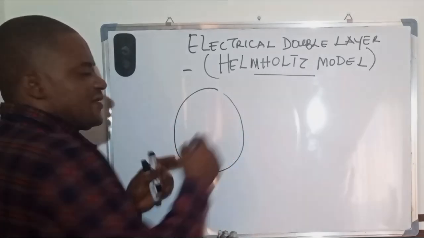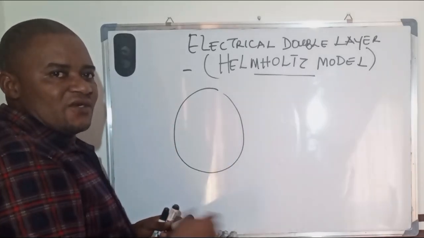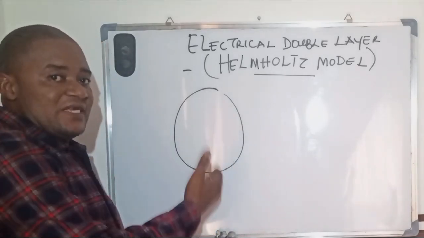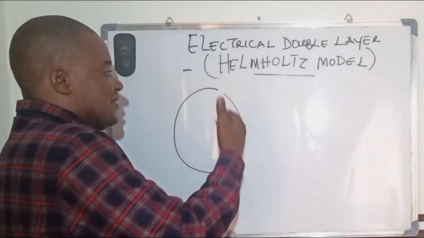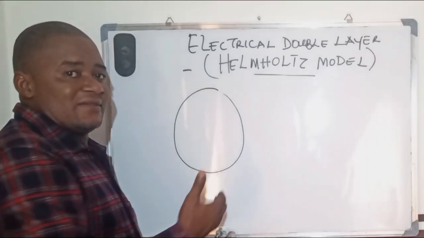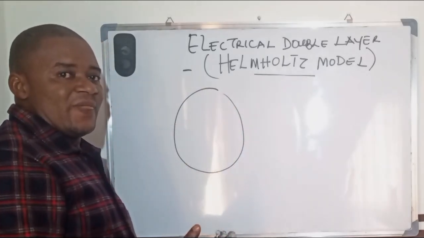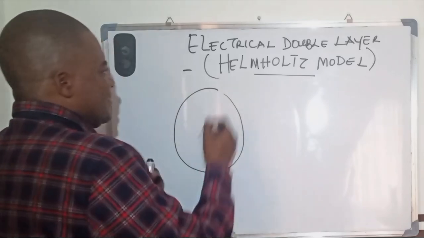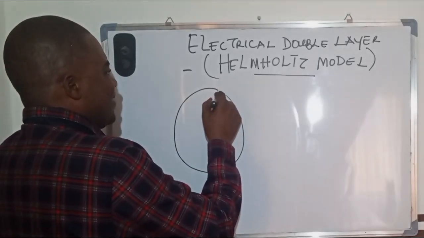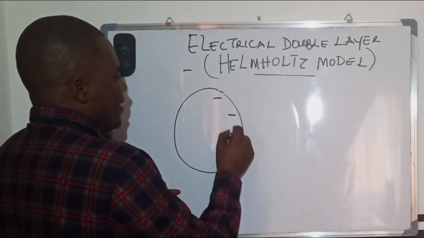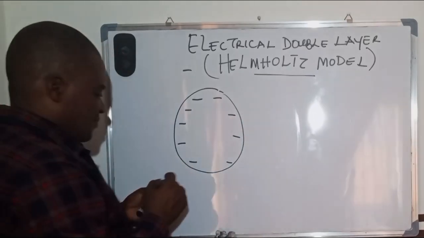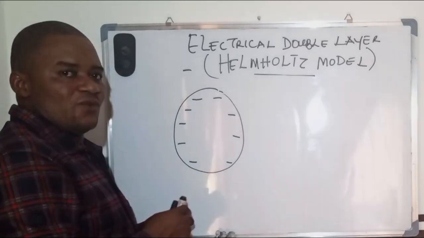Now, when this droplet gets into water, depending on the strength of this particular droplet, it could immediately carry either negative charges or positive charges from the water. So let us say that negative charges were carried by this droplet in water.